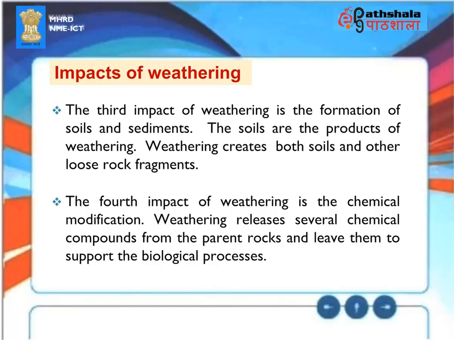The soils are the products of weathering. Weathering creates both soils and other loose rock fragments. The fourth impact of weathering is the chemical modification. Weathering releases several chemical compounds from the parent rocks and leaves them to support the biological processes.